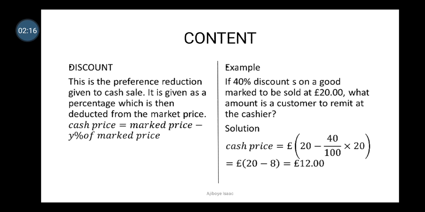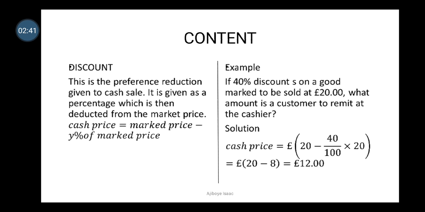Example. If a 40% discount is on a good marked to be sold at $20, what amount is the customer to remit at the cashier? So they want to sell an item for $20 and there's a 40% discount. We'll find the 40% of the $20 and remove it from the $20. That's all.